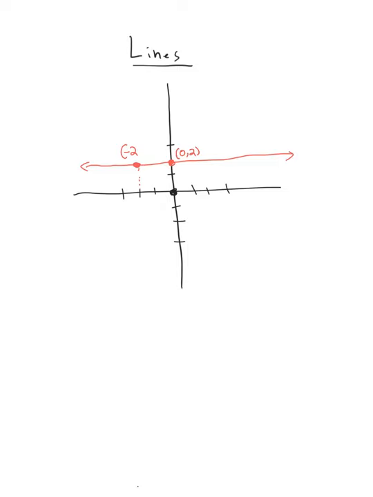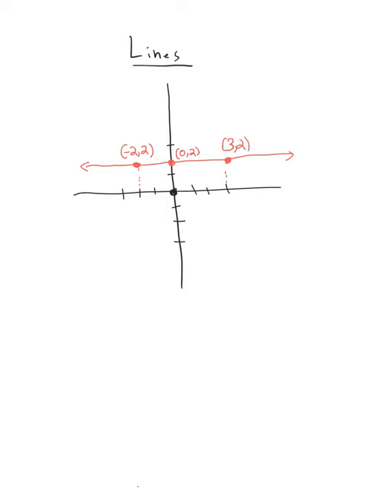It's over 2 to the left of the origin. And it is still 2 above the origin in the vertical direction. So that has coordinate -2, 2. Well, let's look at one more point. This point has x-coordinate 3 and y-coordinate, you guessed it, 2.